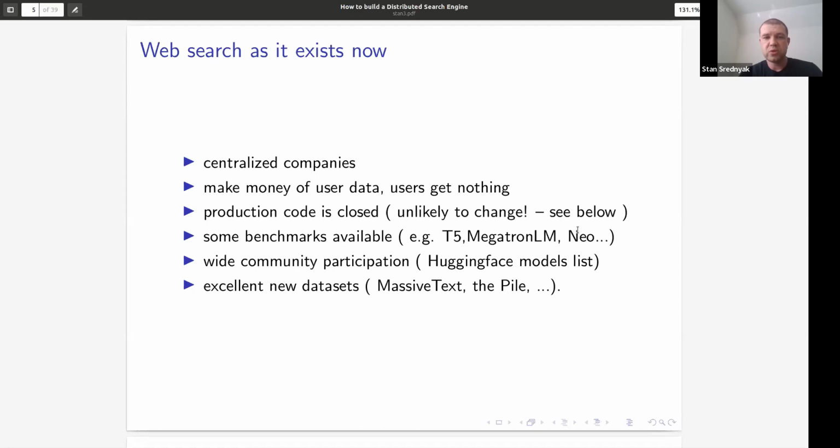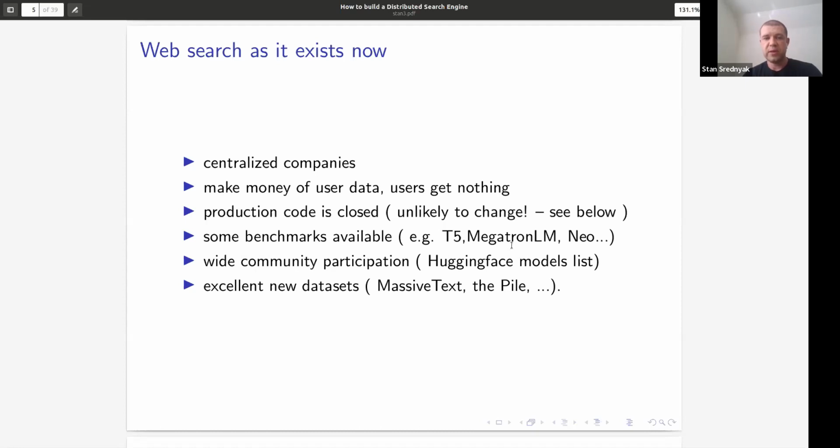Production code is closed source. Although there is some change, most of the production code is still not available for public use, with certain exceptions, which I will cover below. If you're talking about language models, then some very interesting benchmarks became available to us that you can actually experiment with yourself on GitHub.